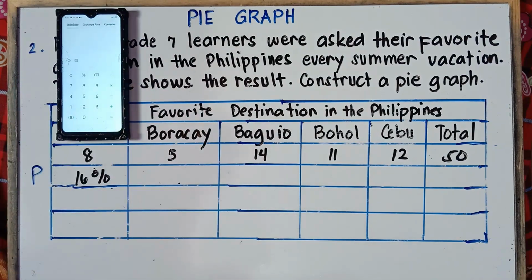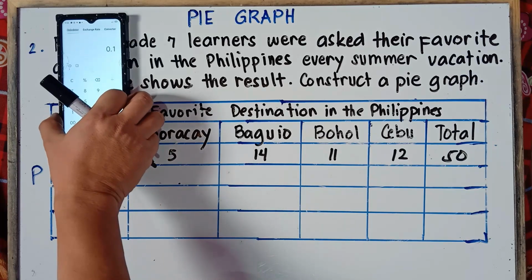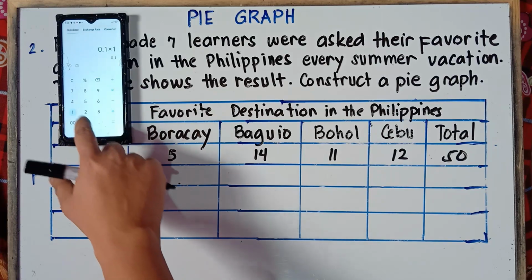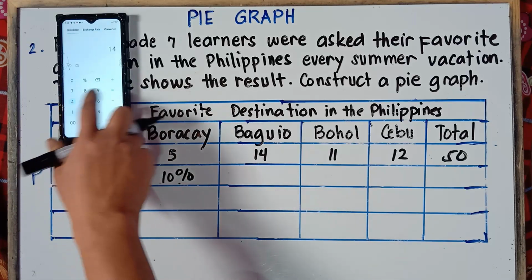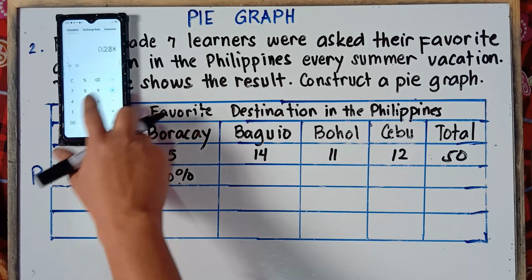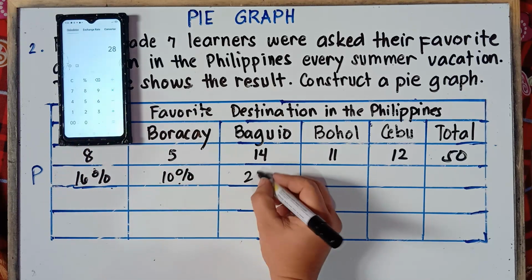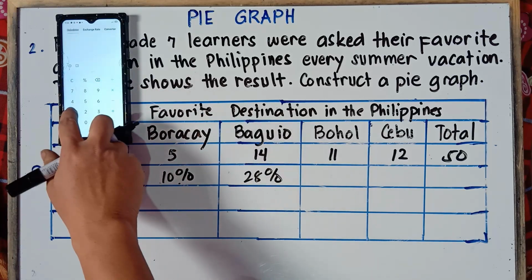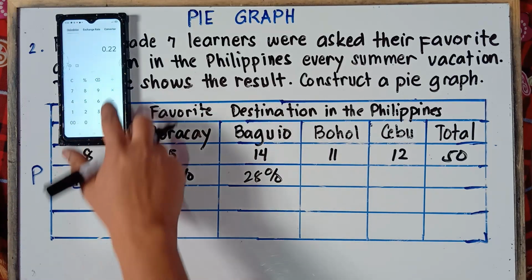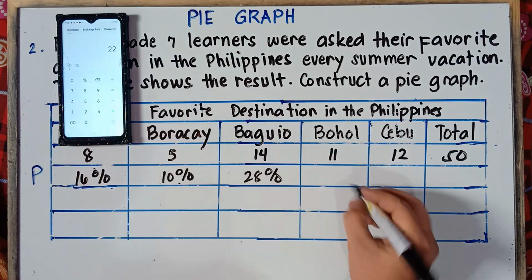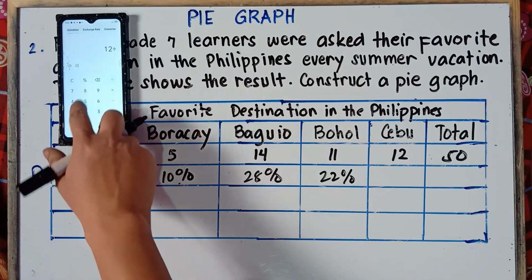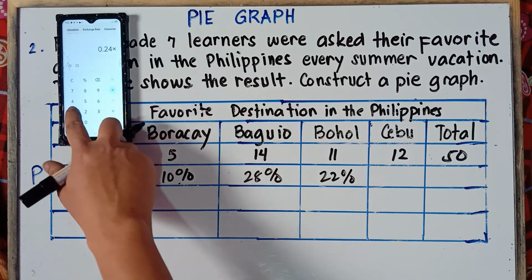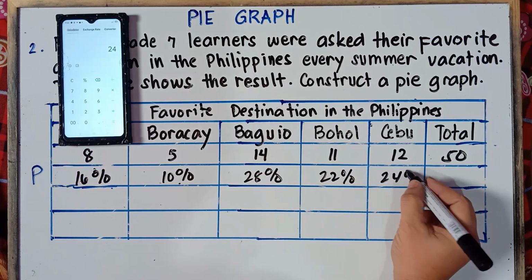Alright, and then this one, 5 divided by 50 is 0.1, times 100, that would be 10%. For Baguio, 14 divided by 50 times 100 is 28%. For Bohol, 11 divided by 50 times 100 is 22%. And the last one, 12 divided by 50 is 0.24, times 100, that would be 24%.